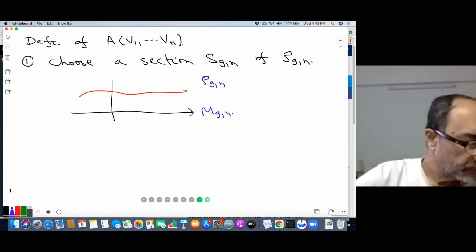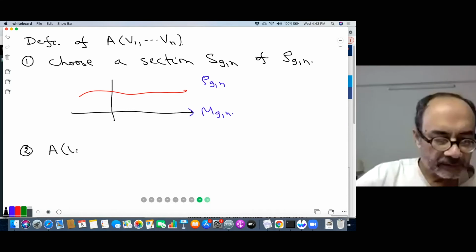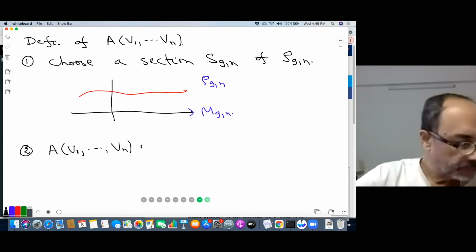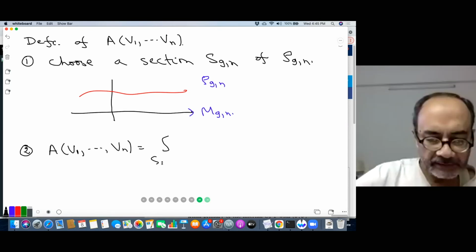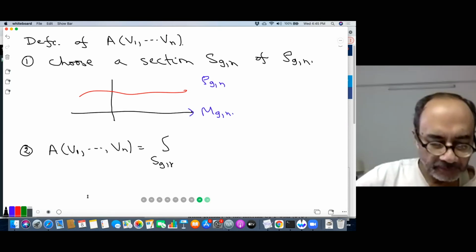Now the definition of A. So A of V1 to Vn is the integral over S g n. Maybe I should write down the coupling constant first.